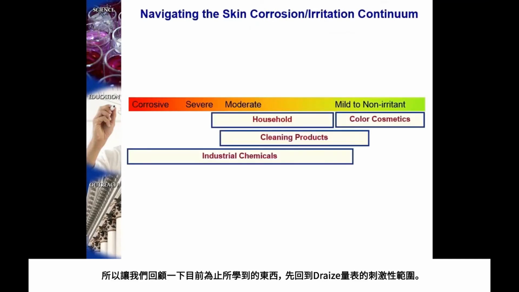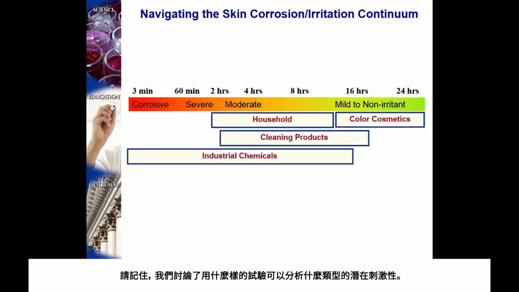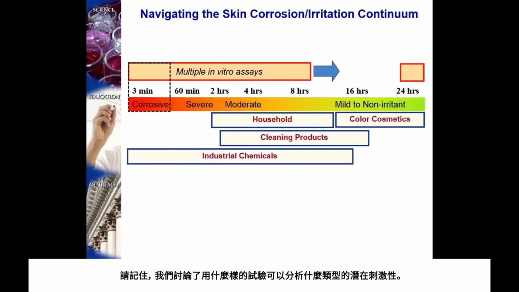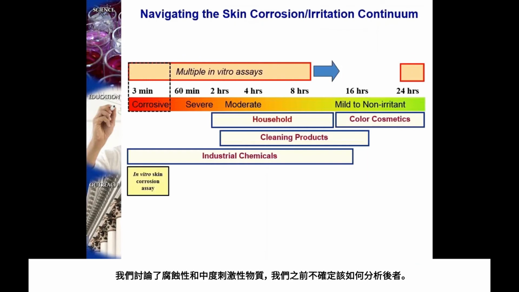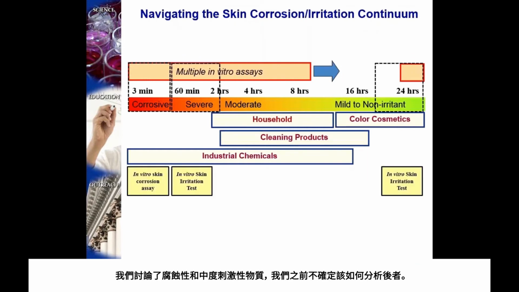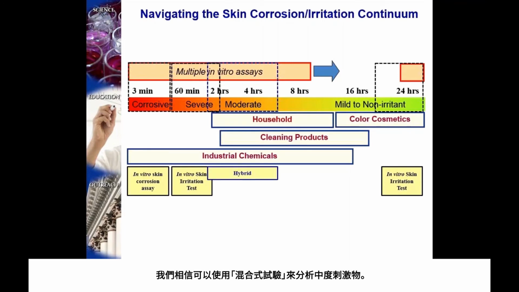So let's review what we learned thus far. Coming back to the Draize range of irritation, remember that we talked about what assays addressed what type of irritation potential. So we addressed corrosive materials and irritants. In the middle range, for which we had a question mark before, we believe we can address moderate irritants using the hybrid assay.